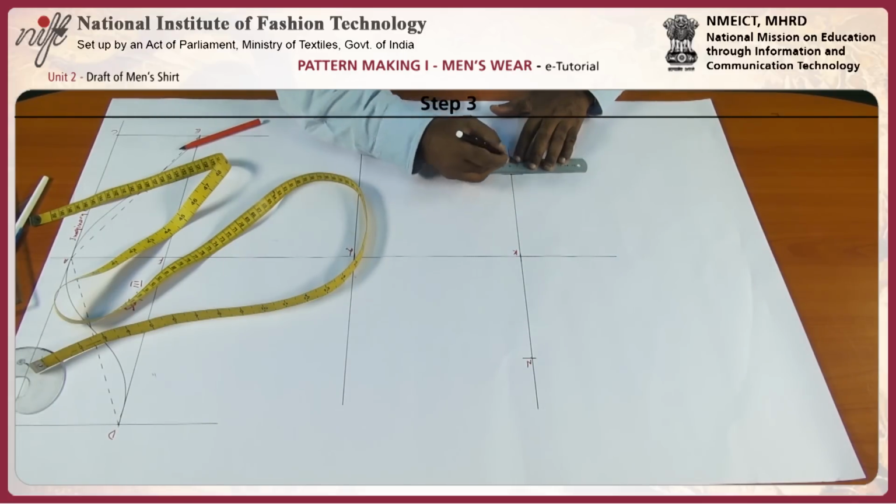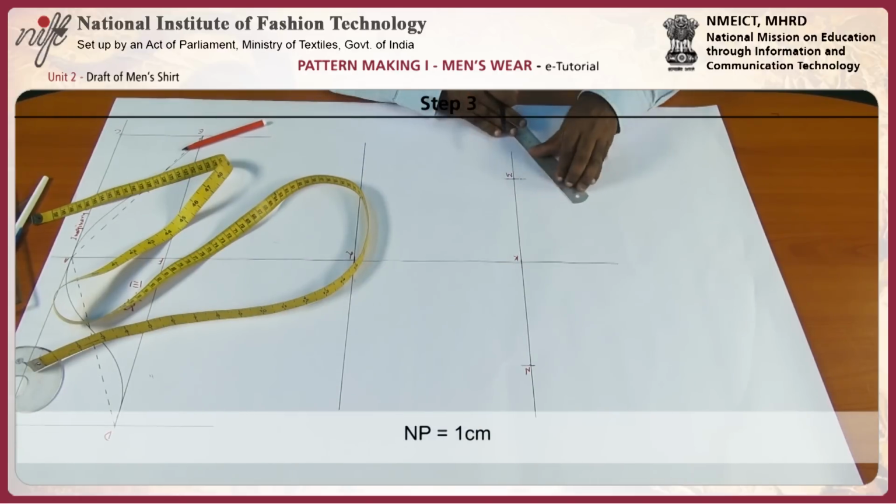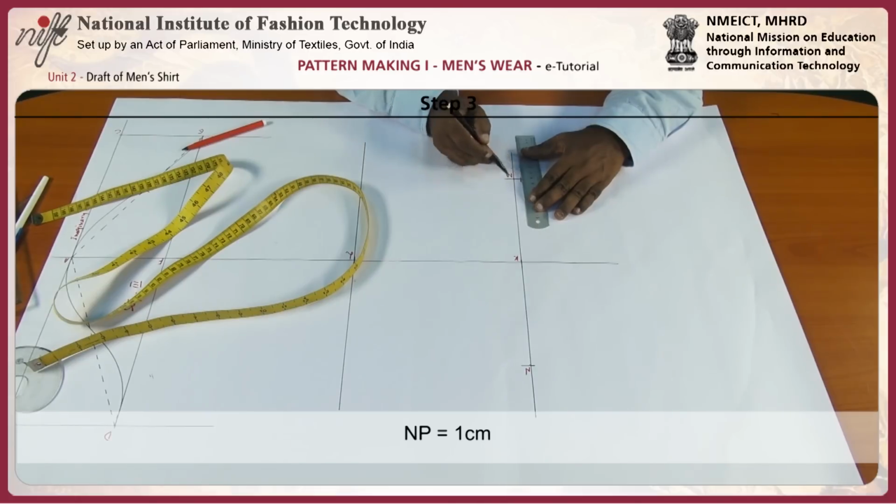This can be drawn perpendicular line and give 1 centimeter to the point O.